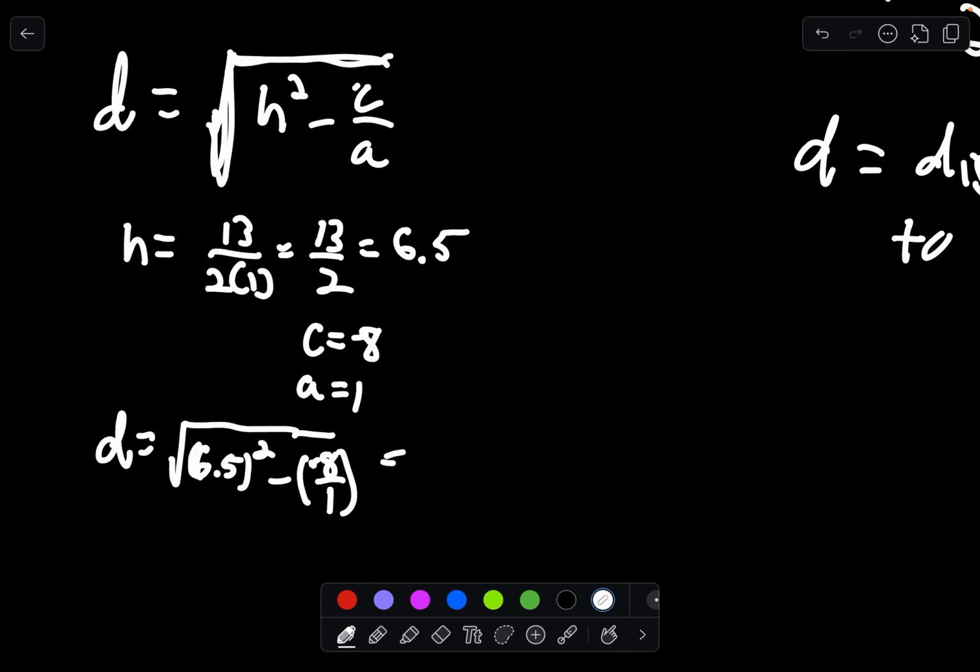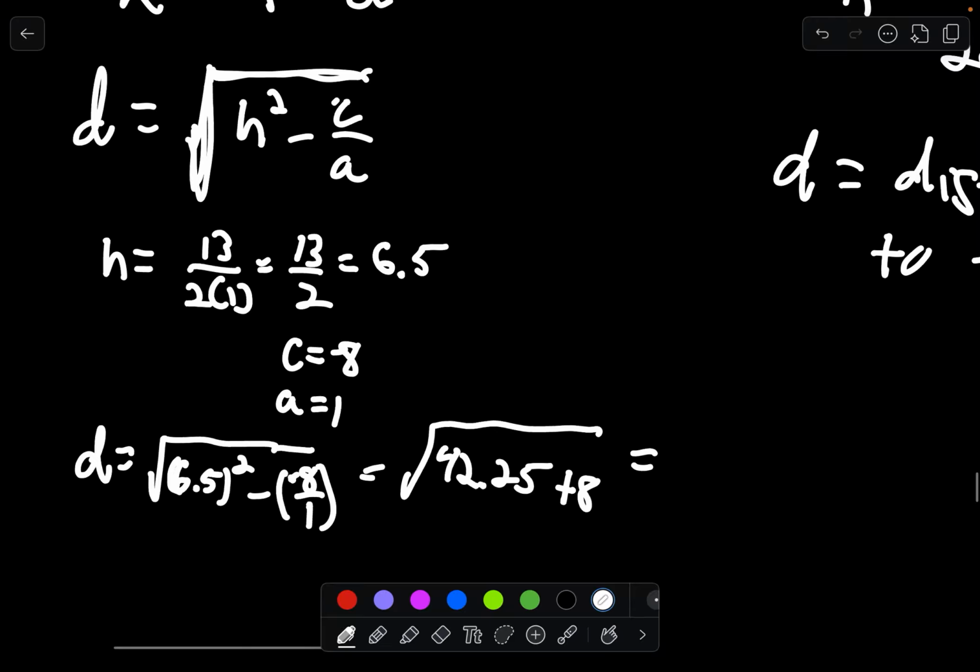So this is the square root of 42.25, plus, because it's minus a negative 8, plus 8. 42.25 plus 8 is 50.25. So it's the square root of 50.25.